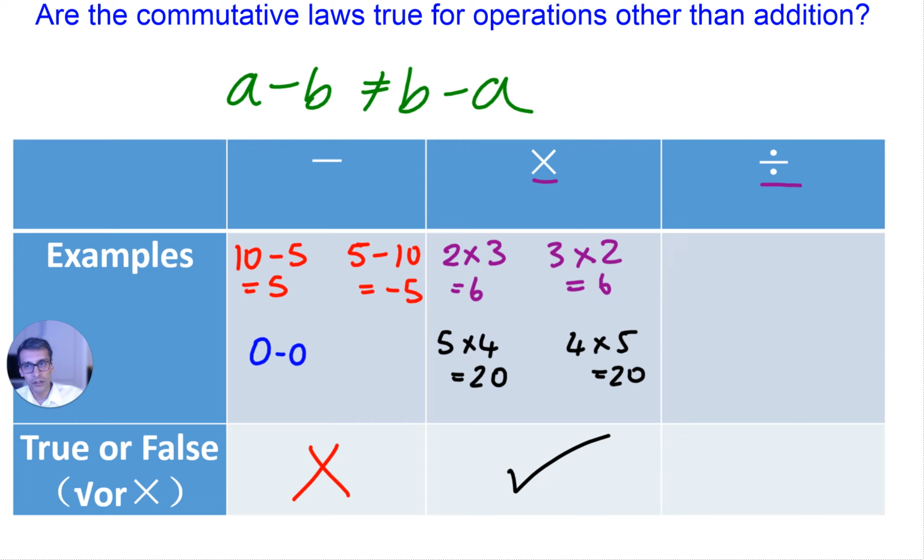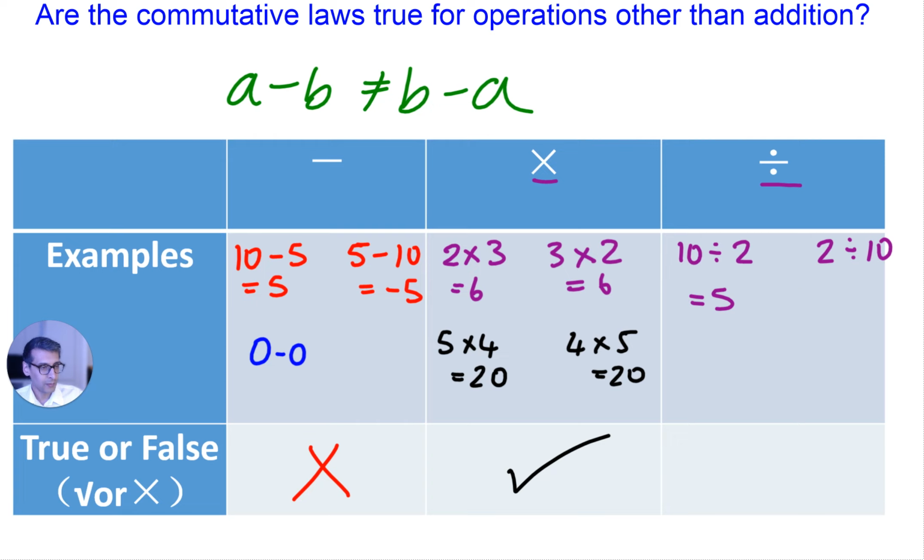And then for division, again, we'll keep the numbers simple. So let's try 10 divided by 2 and 2 divided by 10. So 10 divided by 2 is 5. 2 divided by 10, we know it's not 5, so we don't have to work it out, but I will.